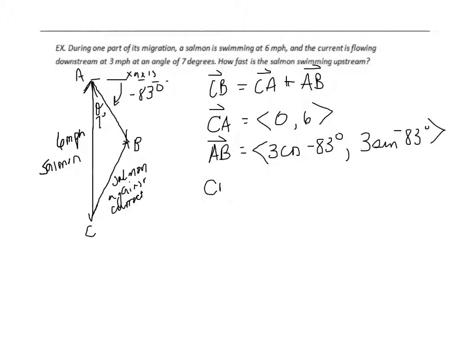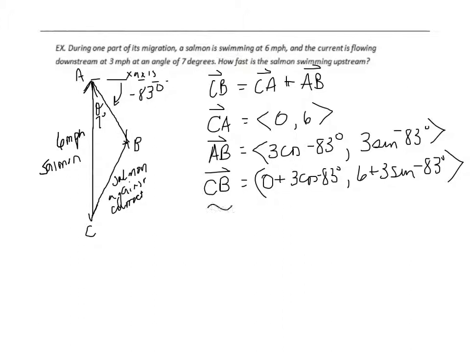So the CB vector is going to be those two added together. So I've got 0 plus 3 cosine of negative 83, and 6 plus 3 sine of negative 83 degrees. And that is approximately 0.37 and 3.02.